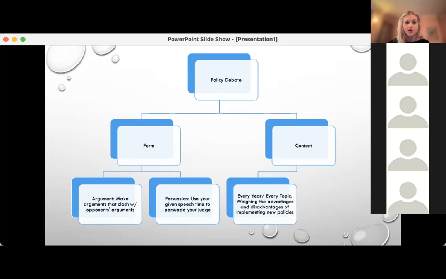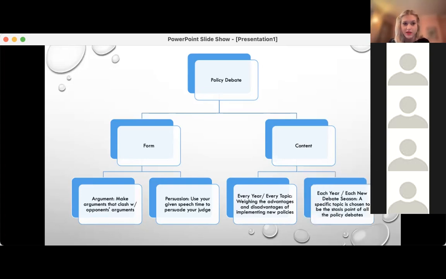Are they geared towards environment? Is it domestic policy? Is it foreign policy? Is it the courts? So every year we debate about something different, but the one consistent thing in content is that we're weighing the advantages and disadvantages of United States policies. That's why we call it policy debate.